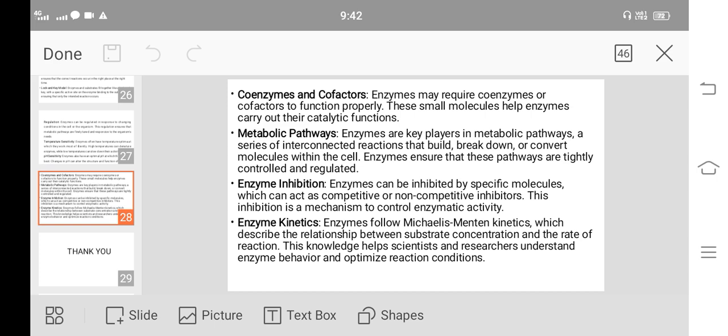Enzymes are also involved in enzyme kinetics. Enzymes follow Michaelis-Menten kinetics, which describes the relationship between the substrate concentration and the rate of the reaction. This enzyme kinetics is also helpful for scientists and researchers to understand enzyme behavior and optimize the reaction conditions.